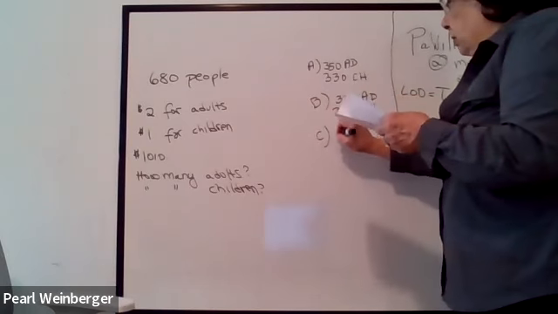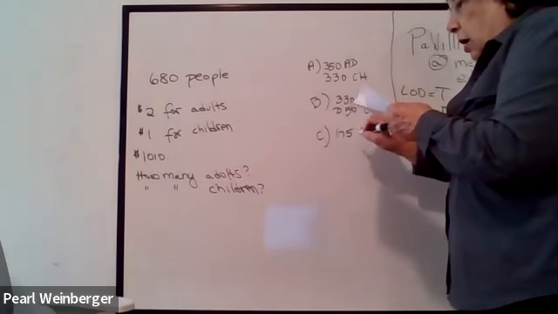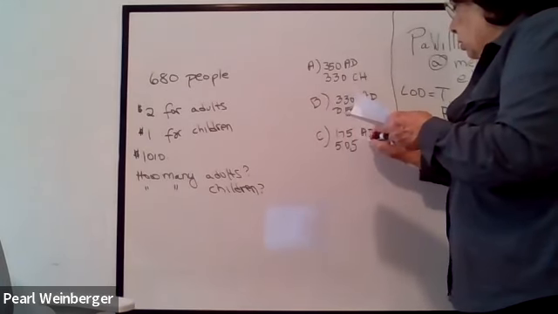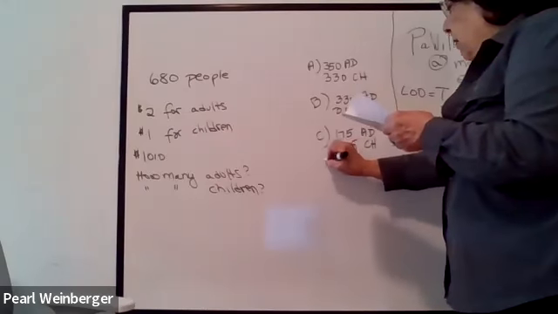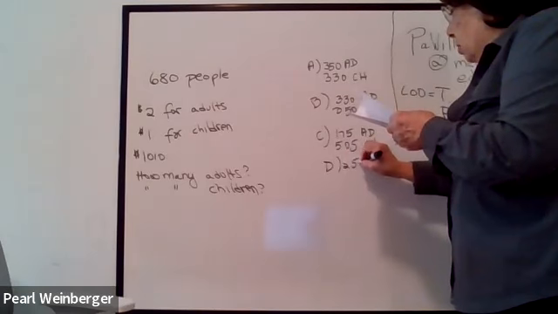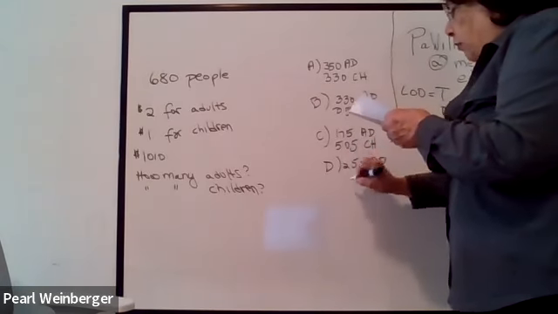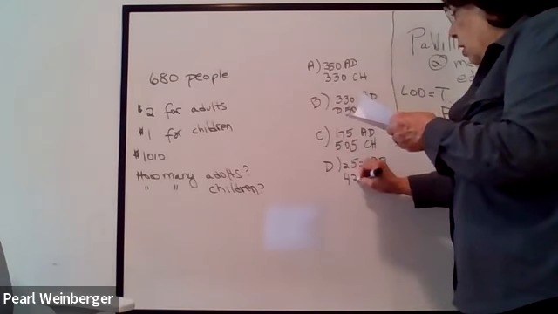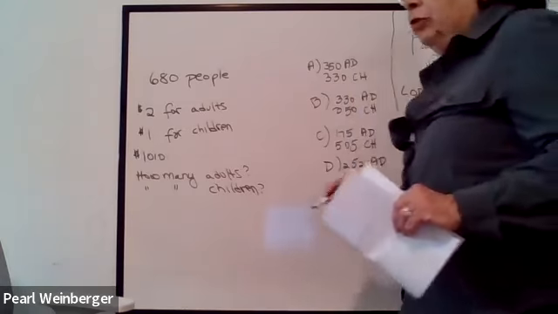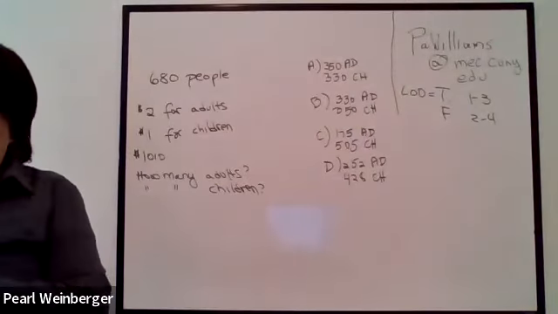C is 175 adults and 505 children. And the last choice is 252 adults and 428 children. Okay, let's see if you can come up with the right answer for this example.